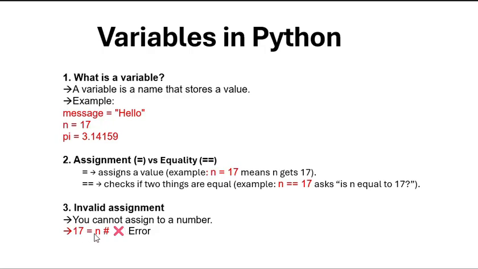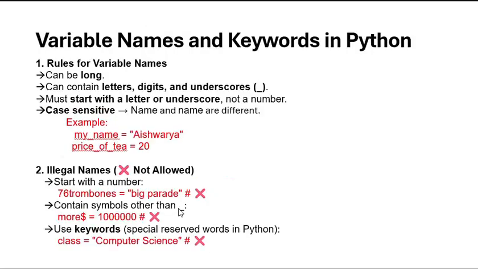You cannot assign a value or anything to a number. You shouldn't write it in this manner. N is equal to 17 is fine. You are assigning that value 17 to that n, but you cannot assign n to 17. Got it? And it will show an error message.